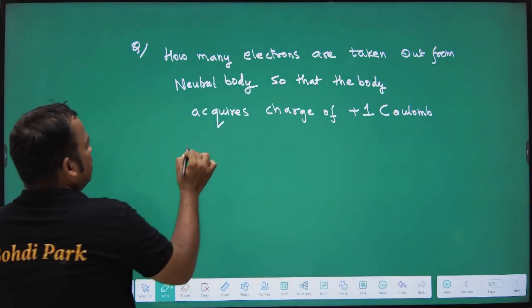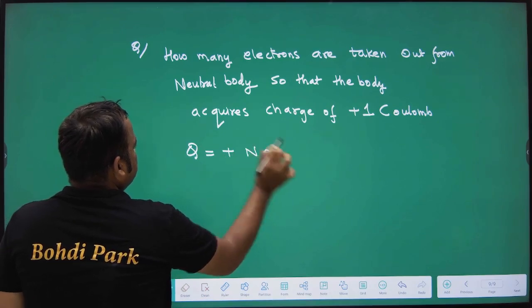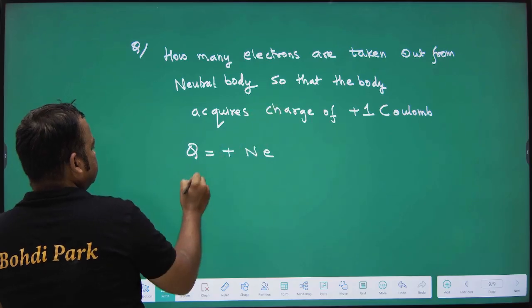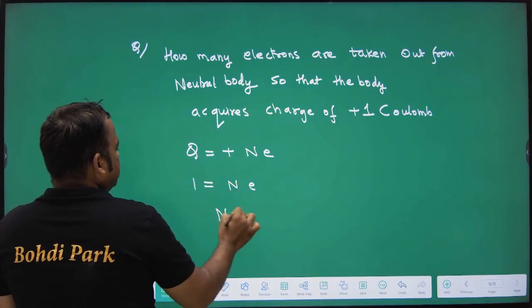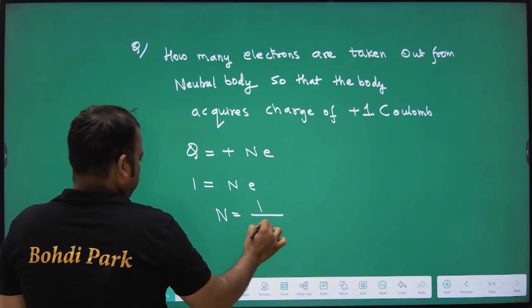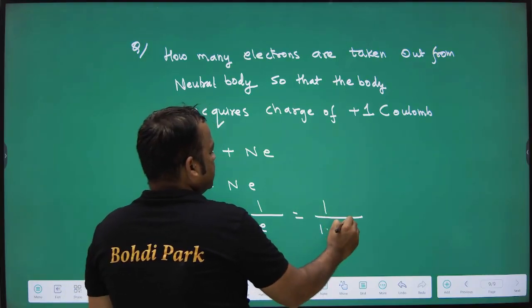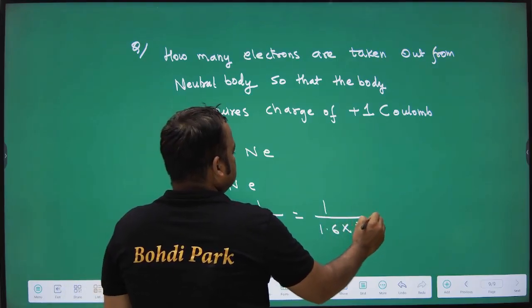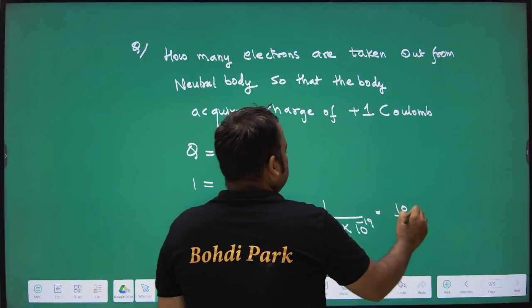So we will use the formula Q is equal to plus N E, and Q is 1, so 1 is equal to N E, N is equal to 1 by E, and the value of E we know is 1.6 into 10 raised to minus 19, so this will be 10 by 16.